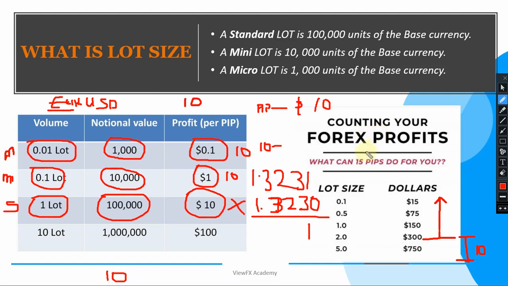So here is a brief table of what you can do with 15 pips. From these explanations, this lot size here falls under the mini lot size. If you move 15 pips on mini lot size, it's going to give you $15.